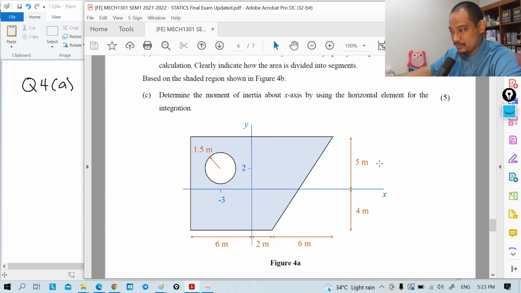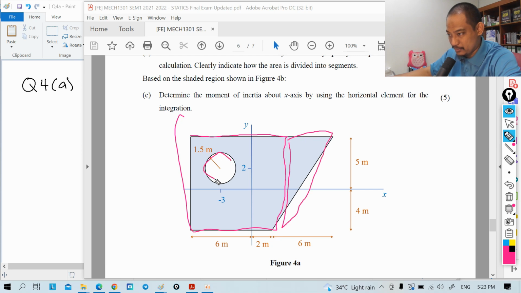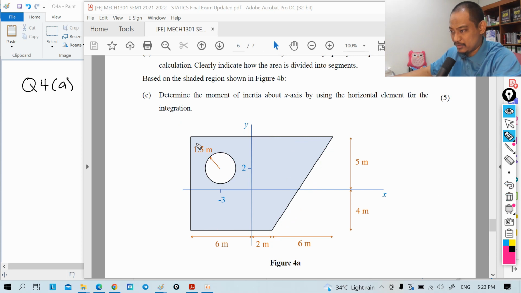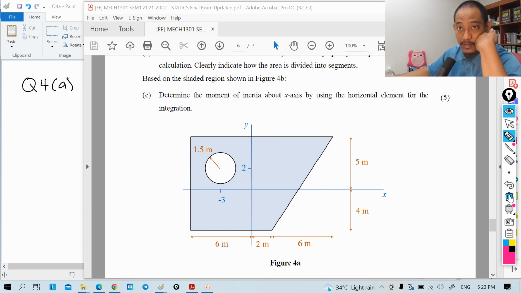Alright, so there are 2 ways of dividing this. One way is this, and then the triangle, and then this one minus that one, right? Or some actually prefer taking the whole thing minus this triangle and minus this one. Either way the answer would be the same.